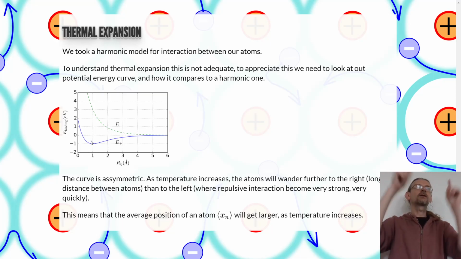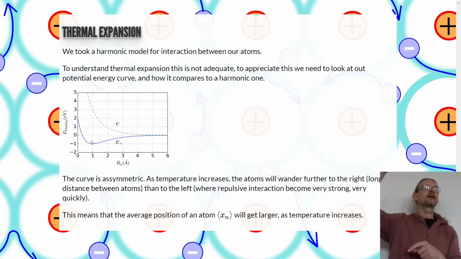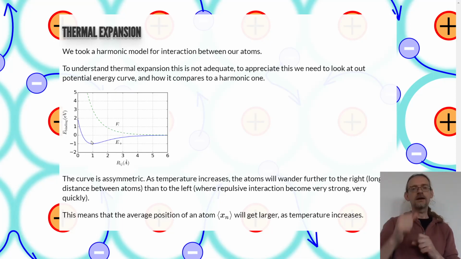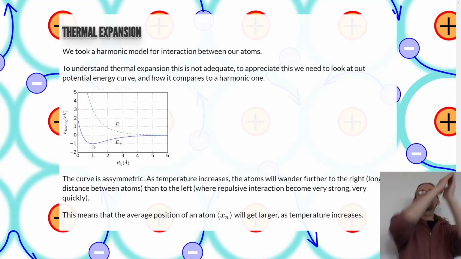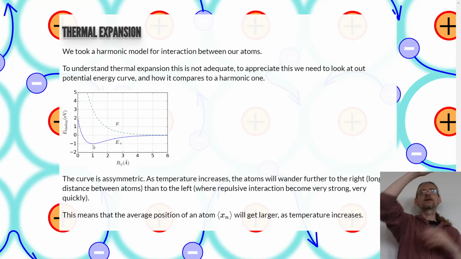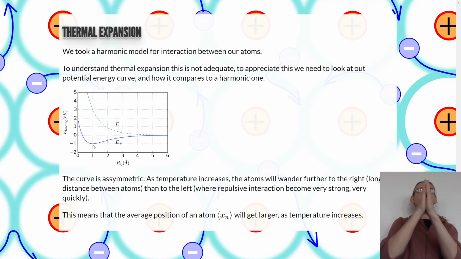Then the quadratic potential, the two sides of the hill are equally steep, and the average distance that a particle rolling around in that well will still stay at the equilibrium distance. It won't change. So at zero temperature, it likes to be at the bottom. And for a quadratic thing, even though it's rolling up and down, on average, both sides are the same. It will keep exactly the same distance.